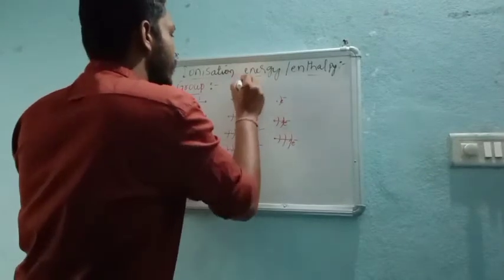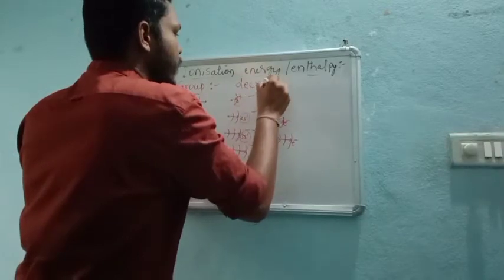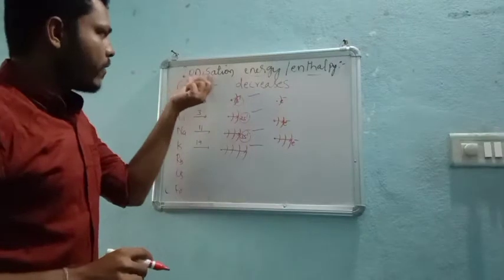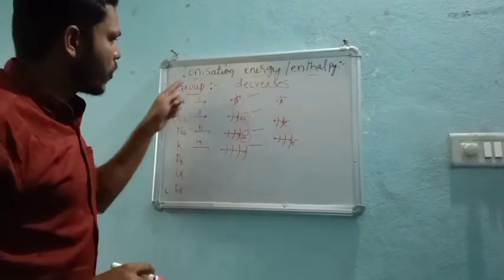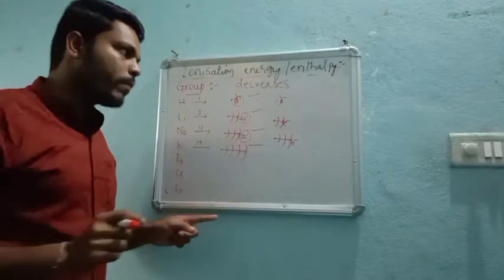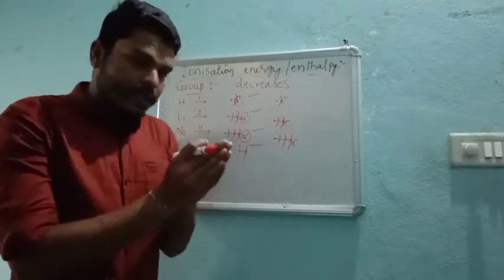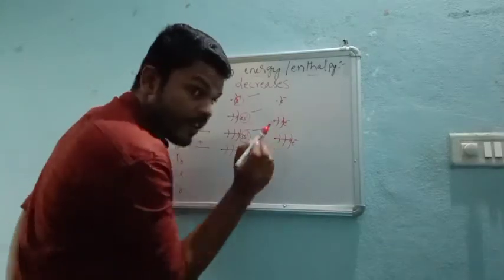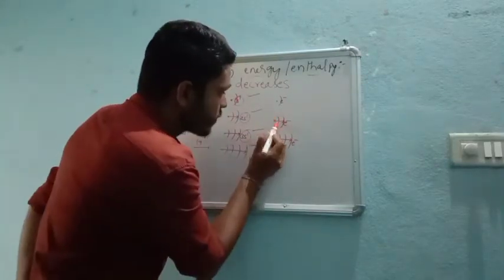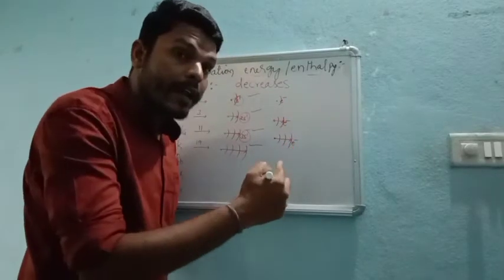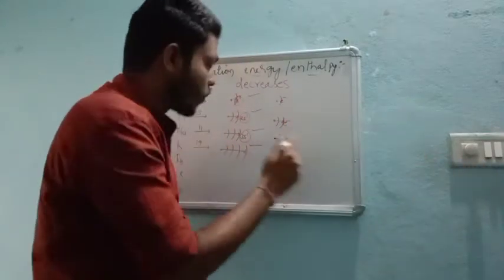Very important. Why? I will explain now. Ionization energy in a group always goes on decreasing. Why? Because as the shell size increases, our valence shell electron is moving away from the nucleus.